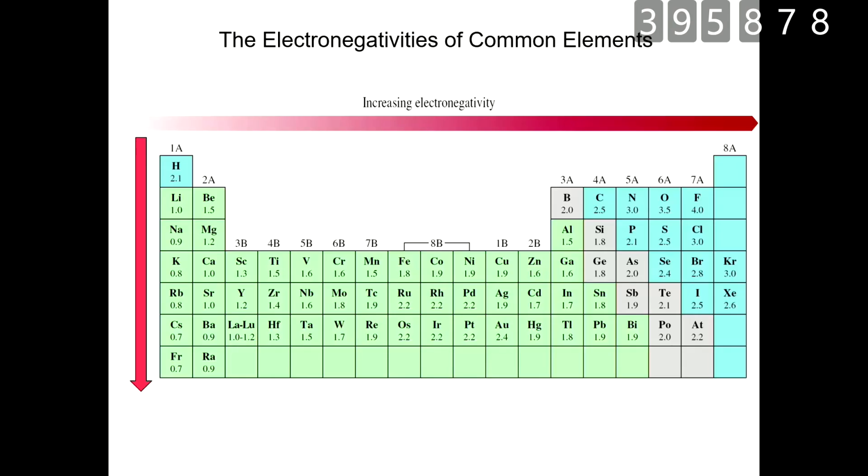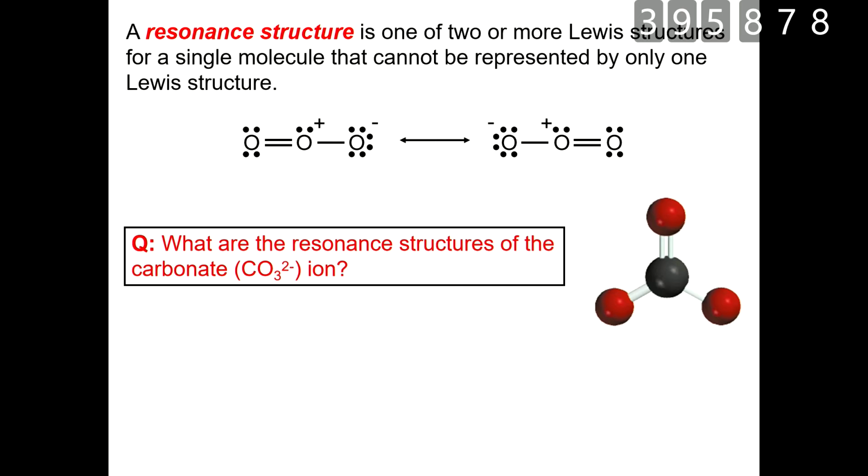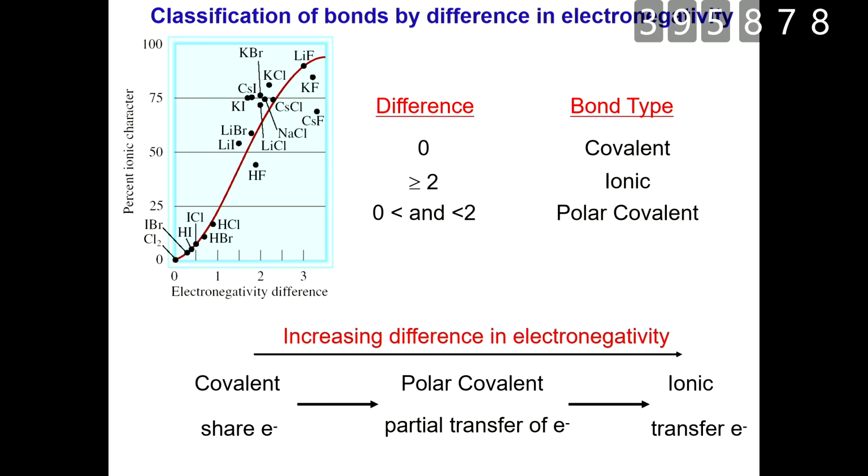If you write all electrons around it, it will confuse. Okay. So basically, using this picture, we can determine the bond types of the compounds. If the difference is between 0 and 2, it forms a polar covalent bond.